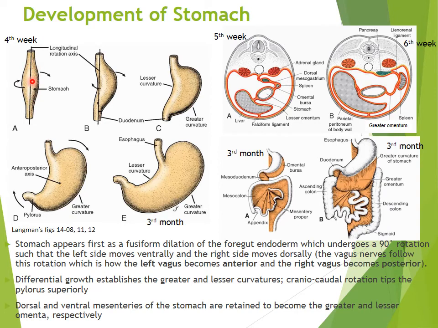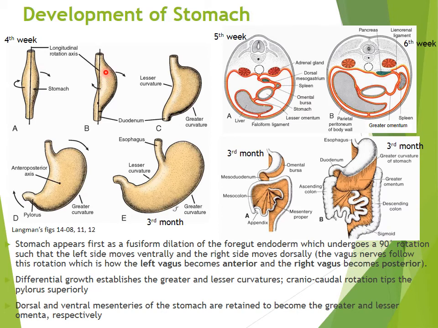By this 90-degree clockwise rotation, the initial ventral surface, which is moving at a slower rate, we label as the lesser curvature of the stomach, and it moves to the right side of the abdominal cavity. The dorsal surface, growing faster, we label as the greater curvature, and it moves to the left.